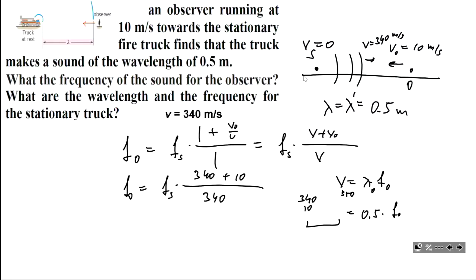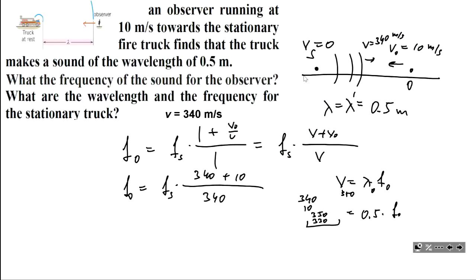What other possible choices do I have? 350 or 330. We make a right choice, we have it solved. We make a wrong choice, we make a mistake. So, well, in the order of appearance, if you think it's 340, please raise your hand. 10. 350. 330.